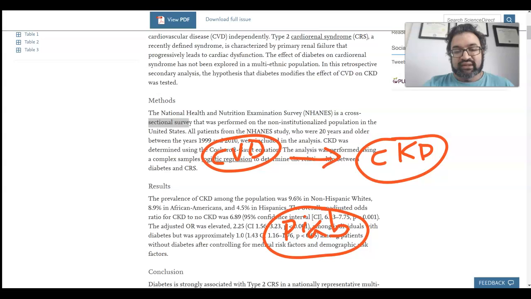So this in combination is much more harmful than any one of these disease conditions individually. And epidemiologically speaking, this is all being done by a cross-sectional study.